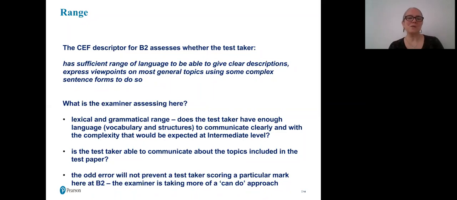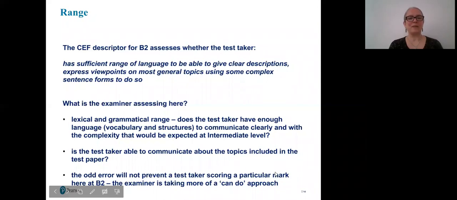So it's not so much about spotting mistakes, because sometimes we might see an error-free piece that just uses some basic structures. And if it's not using the language that we would expect at level 3, it would probably come in with a score below the level here.